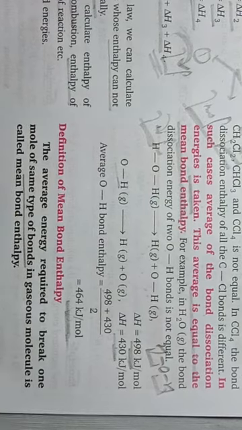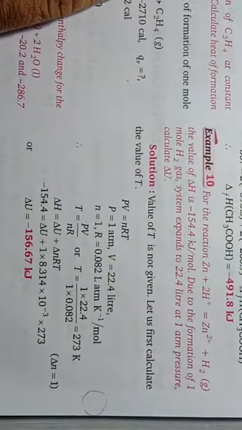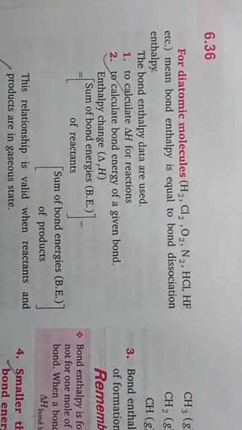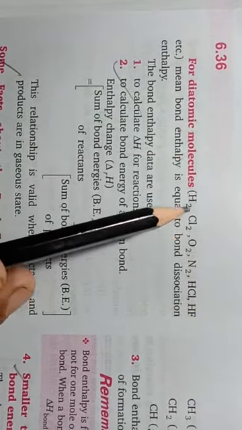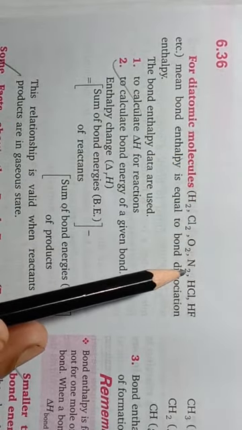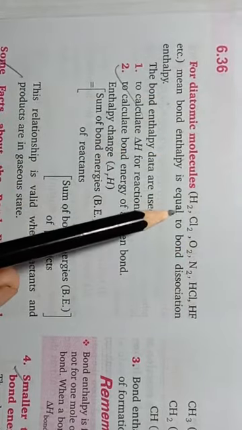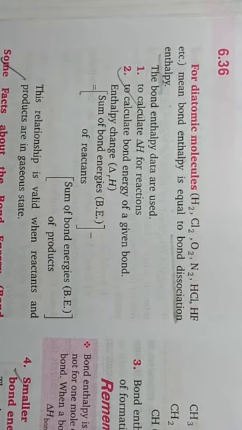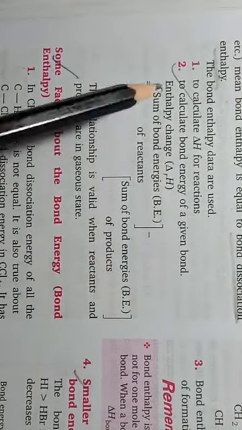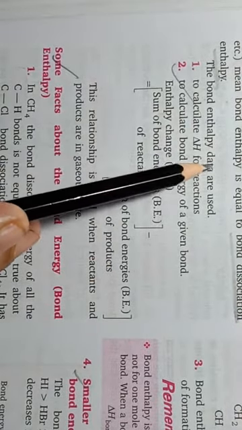Okay students, the next heading is: for diatomic molecules like chlorine, hydrogen, oxygen, nitrogen, mean bond enthalpy is equal to bond dissociation enthalpy. Now, what is the use of bond enthalpy data?